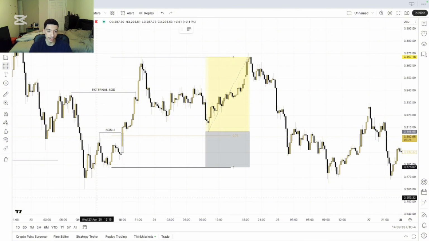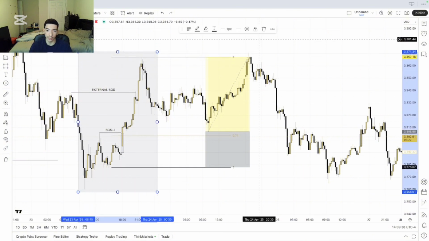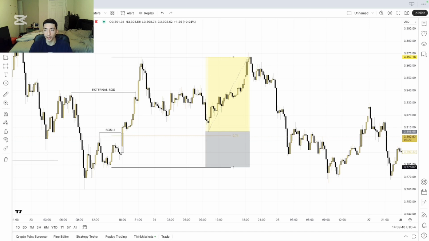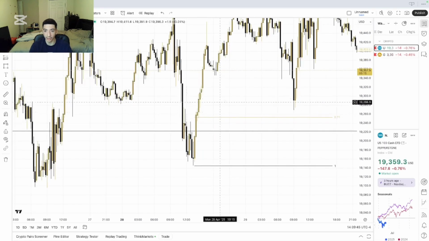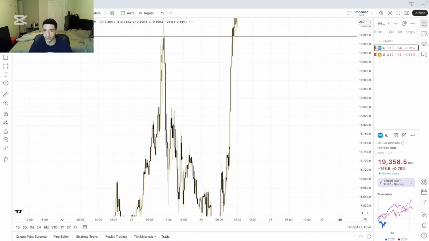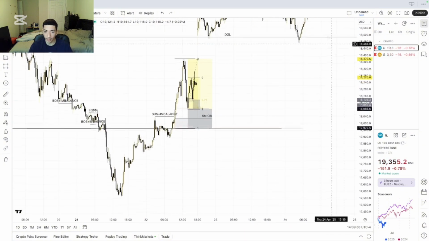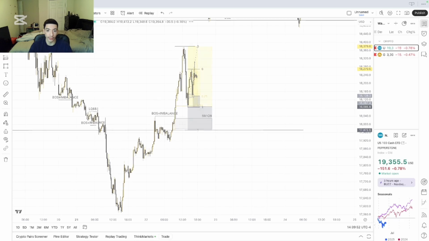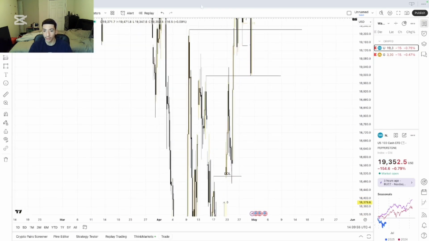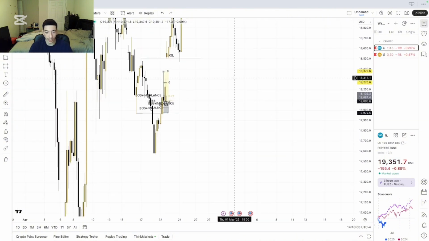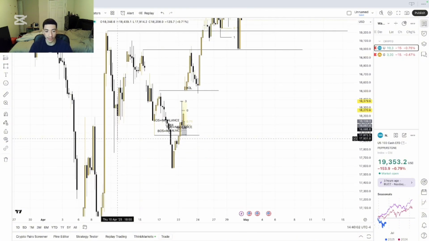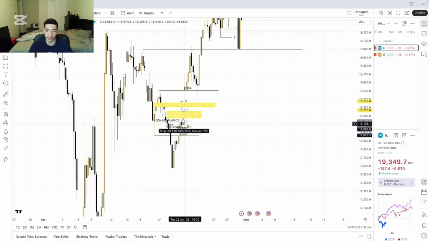Let me draw that for you guys. So this nice bullish range. My bias was kind of similar to the trade I showed in the last video. As you can see on the NAS 100, if we go on the 4-hour here, remember I told you guys that I just wanted to see these lows get swept, and I saw that immediately reverse bullish, and I took the long off that.